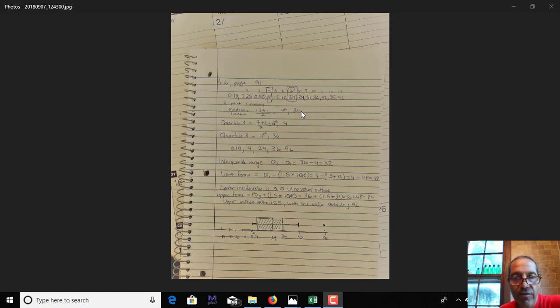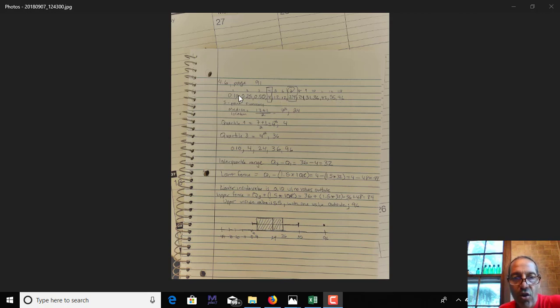All right, so that's our first value that we calculated, the median. Second, we need to find the median of the lower half and the median of the upper half. Because we have an odd number of values, we include the actual median for the entire 13 values in the lower half and in the upper half.